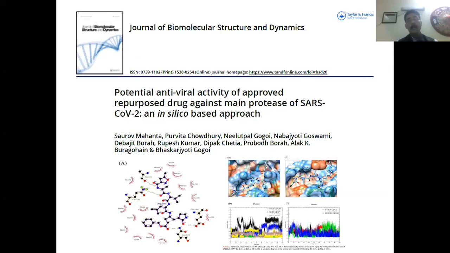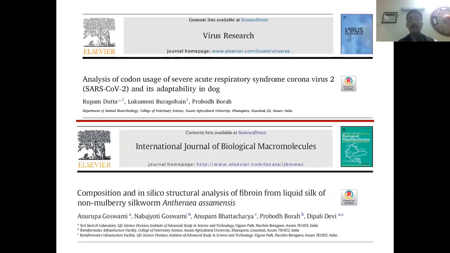We identified it by molecular docking and molecular dynamic simulation experiments. Viomycin, which has long been known as an anti-tuberculous drug, can also be active against the main protease of the SARS-CoV-2 virus, which is the causative agent of COVID-19. So this was published in the Journal of Biomolecular Structure and Dynamics.